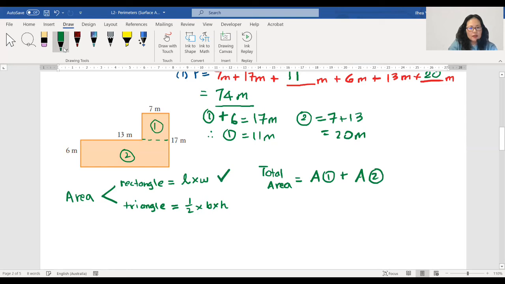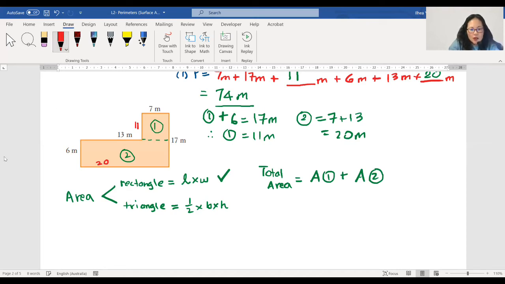Before I do that, I'm going to change the color, and I'm going to put all the missing lengths. First here, this side was 11. We found it in the perimeter, and that was a 20. Okay, so I've got all the measurements that I need.